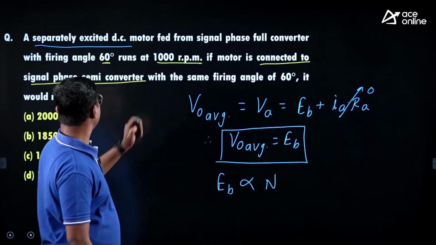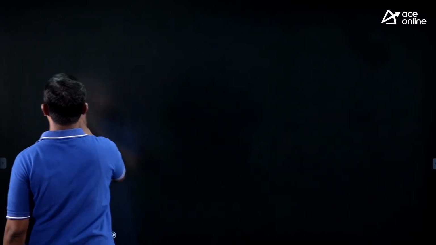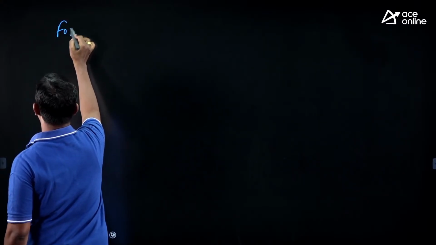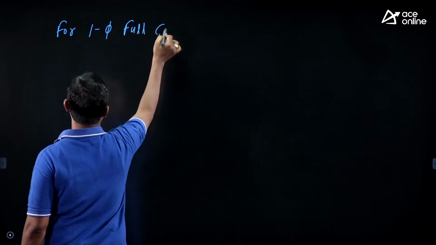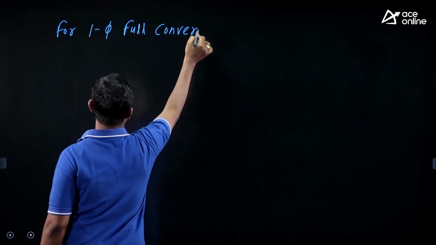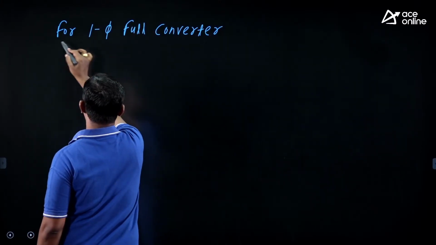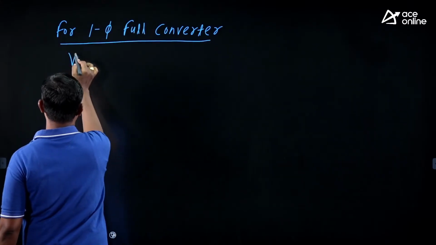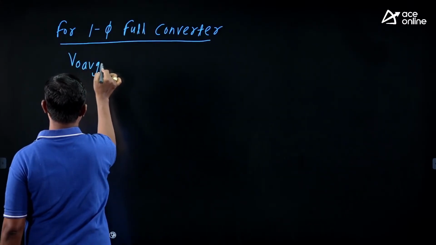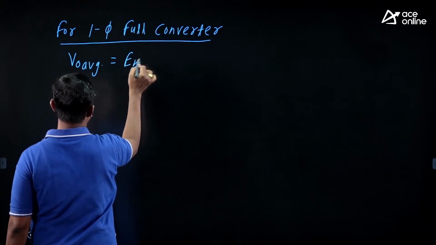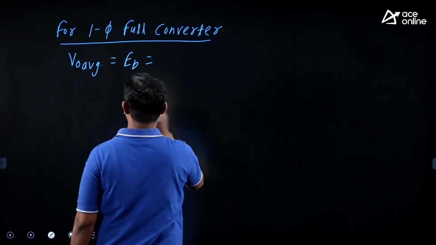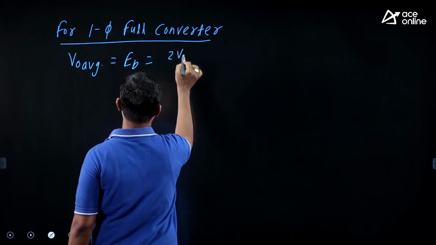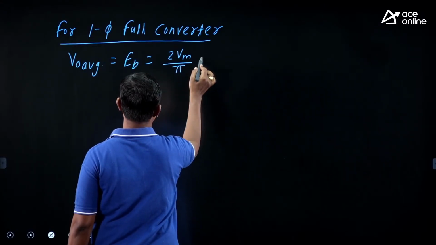So first, when we use a single phase full converter, what is the V0 average? It is equal to EB, which is equal to, for a full converter, V0 average is 2 Vm by pi into cos alpha.